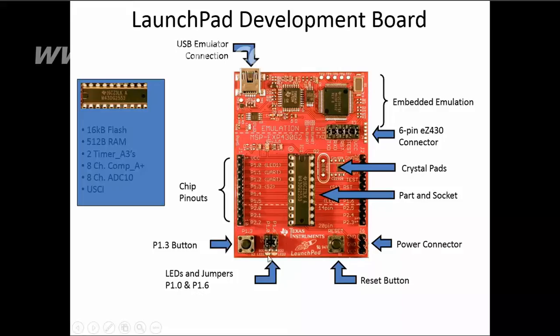The next comes the LEDs and jumpers, P1.0 and P1.6. Here we have two inbuilt LEDs which are given along with the Launchpad development board. The first LED is synced with the P1.0 pin, and the other LED is synced with P1.6. So depending on whether you enable or disable the pins, you can activate or disable the LEDs respectively.